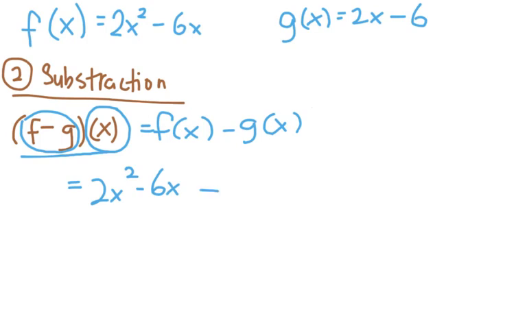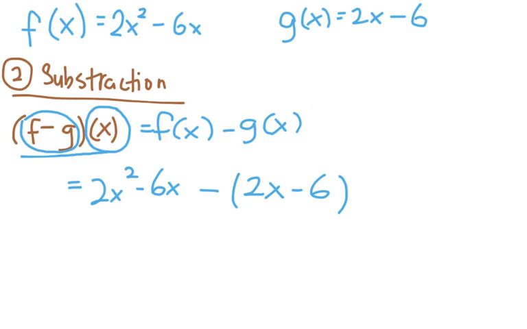After minus, always put a bracket. Then you substitute function g, which is 2x minus 6. Don't forget about the bracket after minus. Always put a bracket after minus. Now after you substitute, you can see that you have a bracket, so you need to open up the bracket.